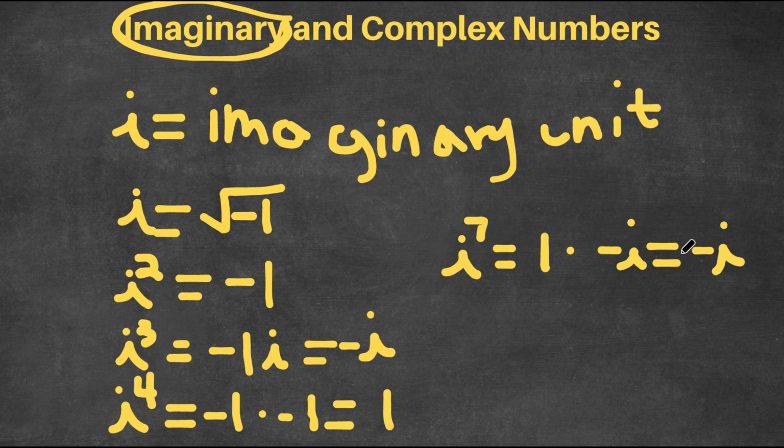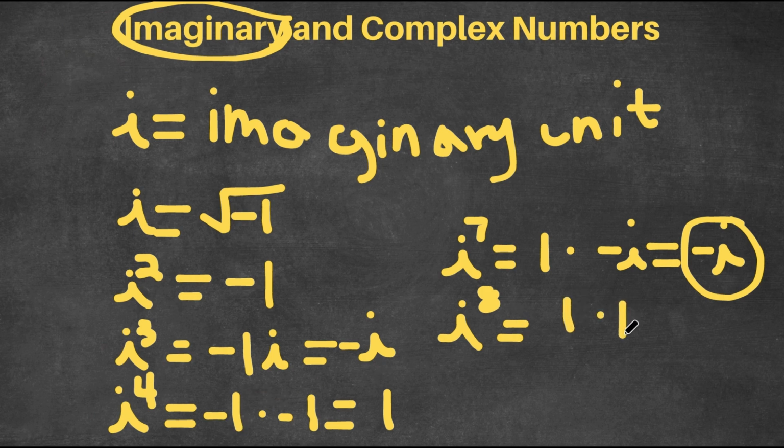So i to the power of 7 is -i. Now let's try another one. Let's try i to the power of 8. And this equals i to the power of 4 times i to the power of 4, meaning 1 times 1. And this is simply equal to 1. So i to the power of 8 is 1.